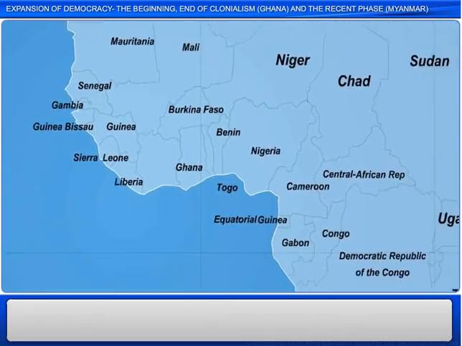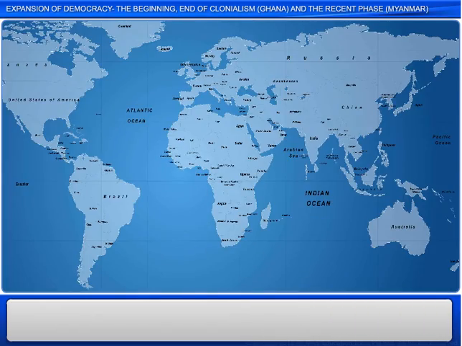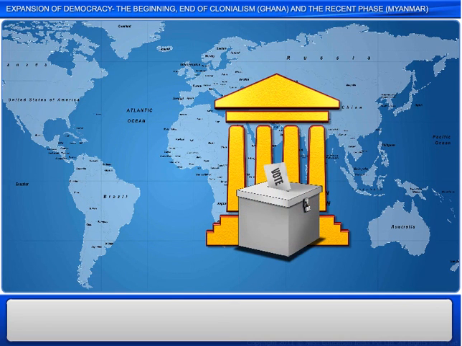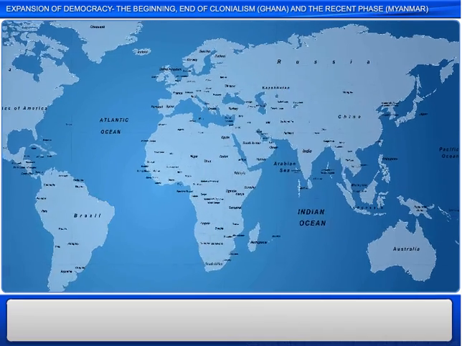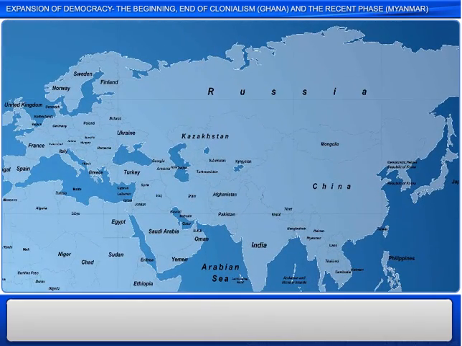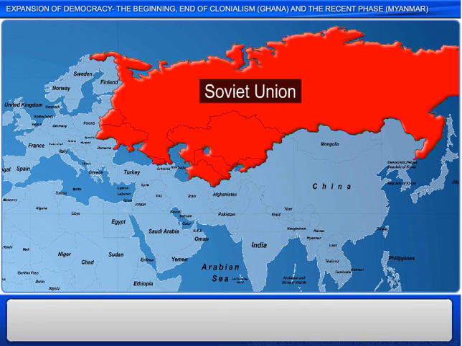More recently, around 1980, democracy was revived around the world, beginning with several countries in South America. This process of world democratization was accelerated by the collapse of the Soviet Union, which controlled much of Eastern Europe.